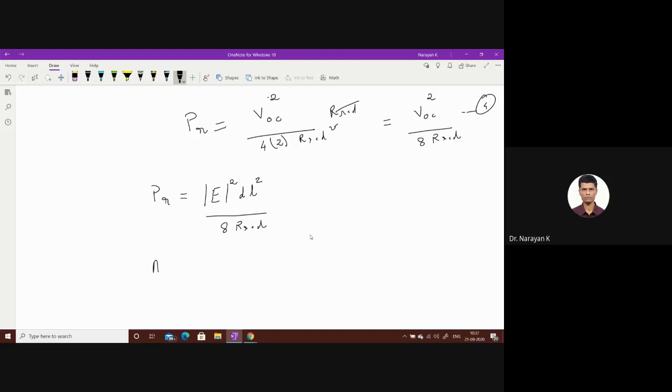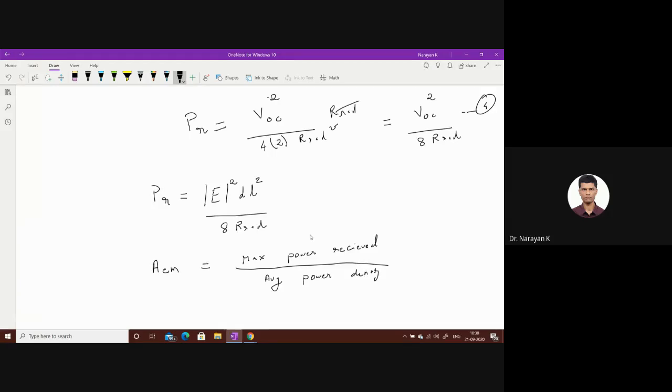We also know that maximum effective area of the antenna is equal to maximum power received divided by average power density.